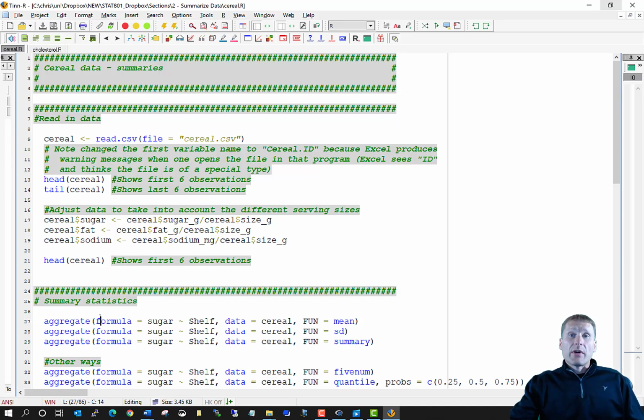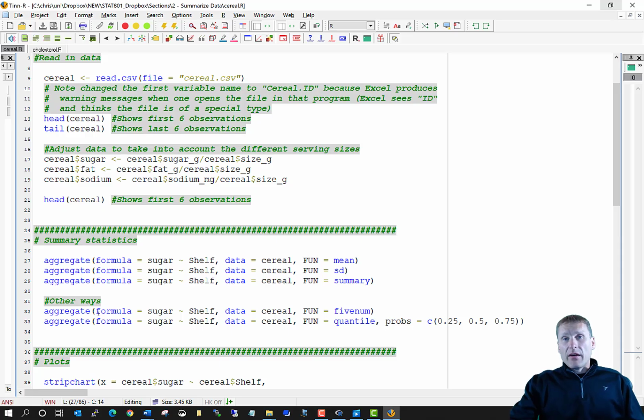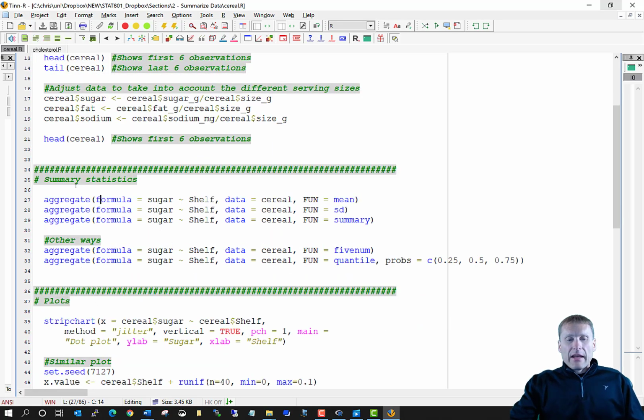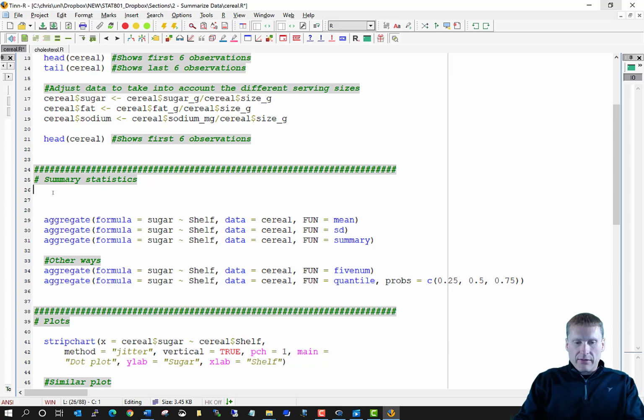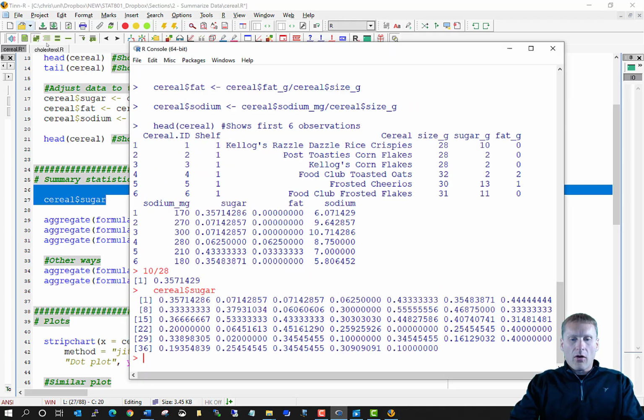Let's do some summary measures of this data. Now, what I could do is this: cereal$sugar, that's going to give me all the different sugars. And I know the first 10 values are shelf 1. If I want to find the mean value of just shelf 1, I could use the mean function with this.